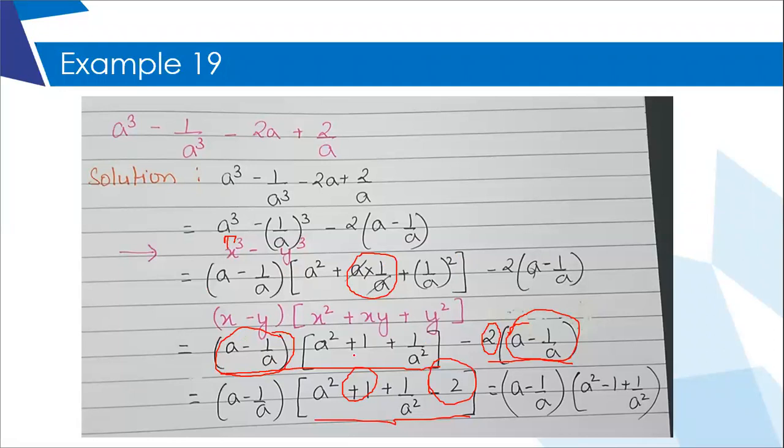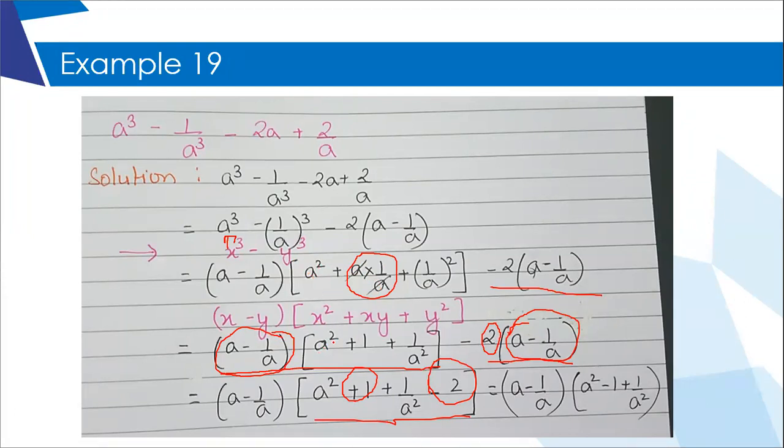Yes, ma'am. I have copied this part as it is. You can see no changes, and copied this part also as it is. No changes. Only in the rectangular bracket, I have just cut a and a because they are in the numerator and denominator. And remaining things I have just copied.